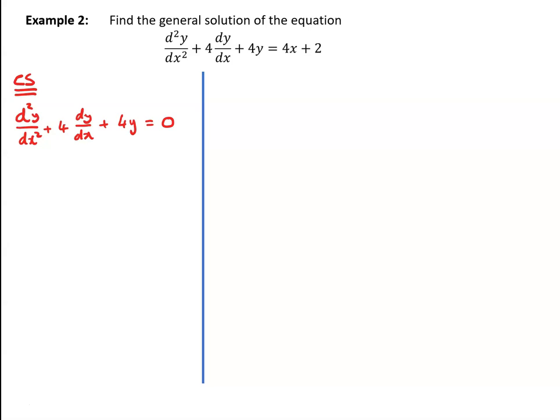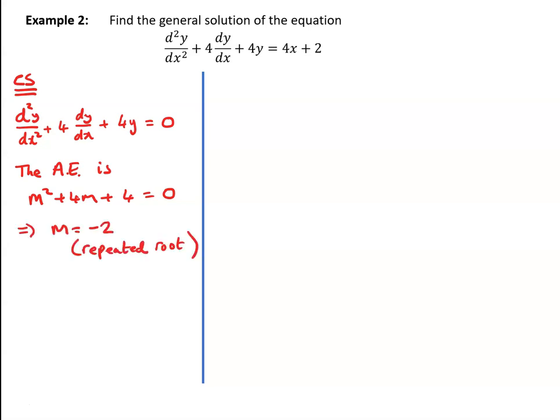The auxiliary equation is m squared plus 4m plus 4 equals 0. That has a repeated root of m equals minus 2, which means that we know the solution of that equation is going to be y equals (ax plus b) times e to the minus 2x. So we've found the complementary solution.